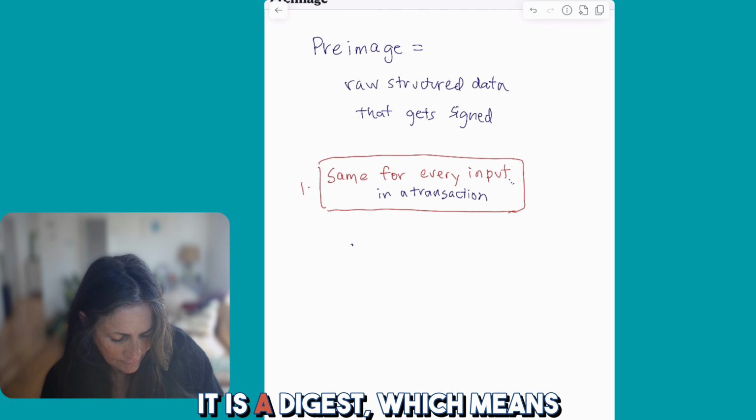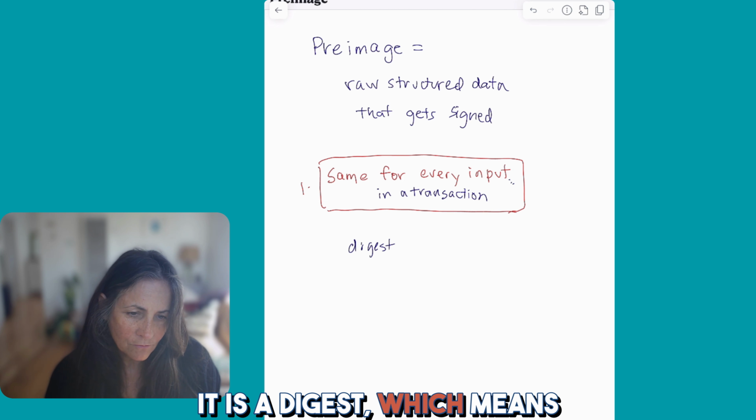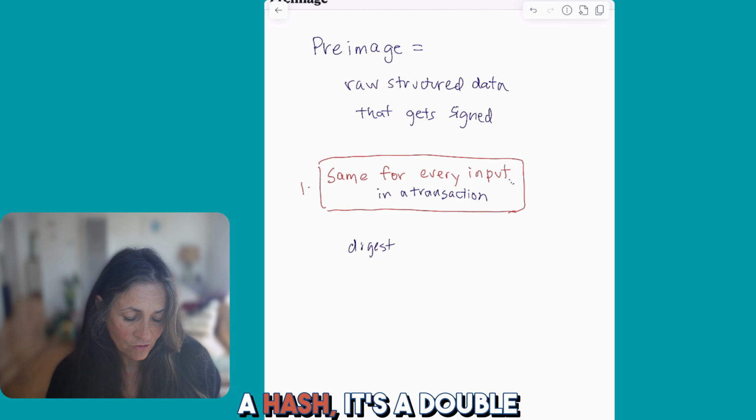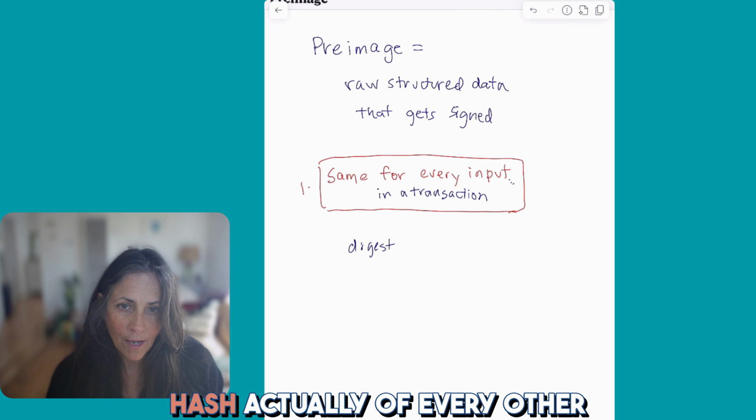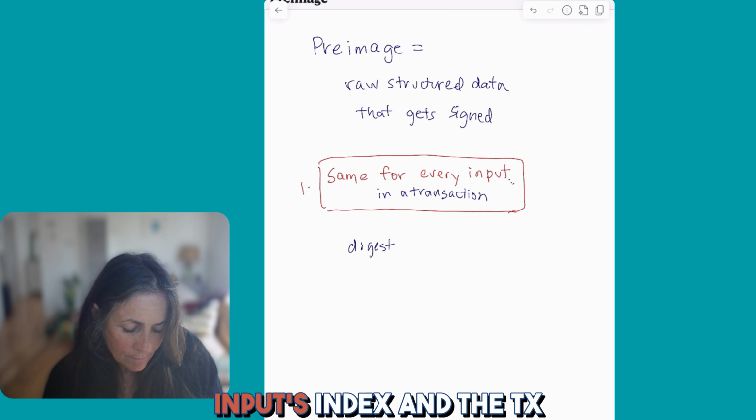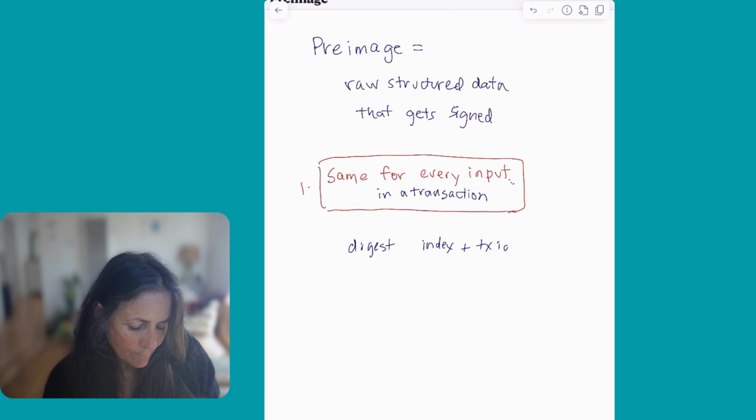It is a digest, which means a hash, a double hash actually, of every input's index and the TXID that it came from.